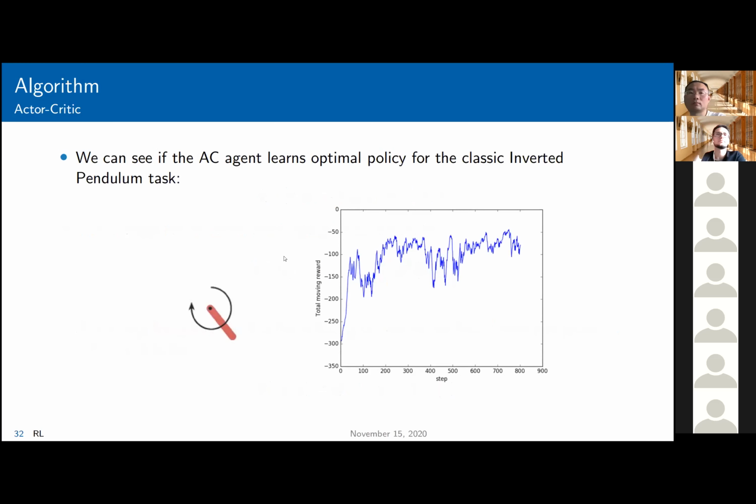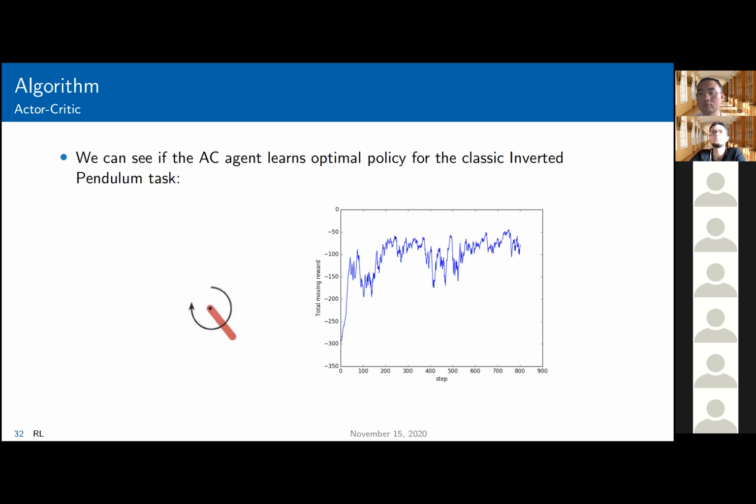And the inverted pendulum problem is a classical problem in the control literature. In this version of the problem, the pendulum starts at a random position, and the goal is to swing it upward so that it stays upright.